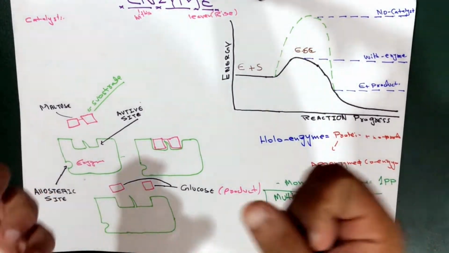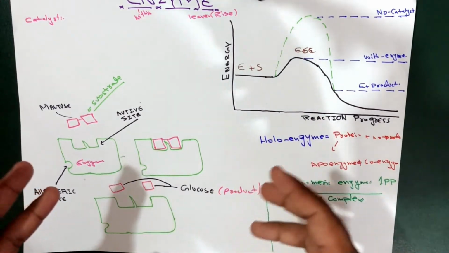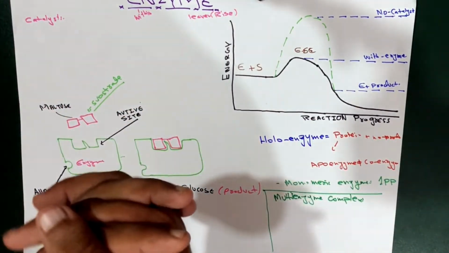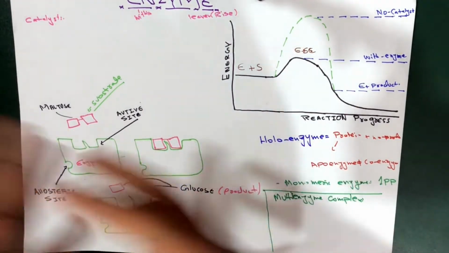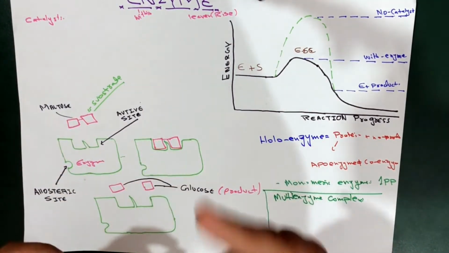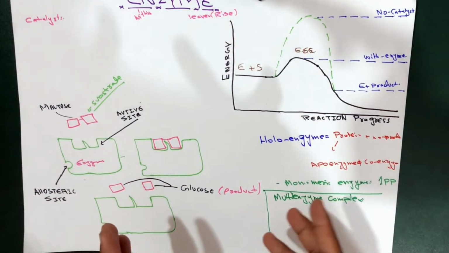Complex means something made up of a few other things. It's actually stable, an assembly of more than one enzyme, which is called the multi-enzyme complex.